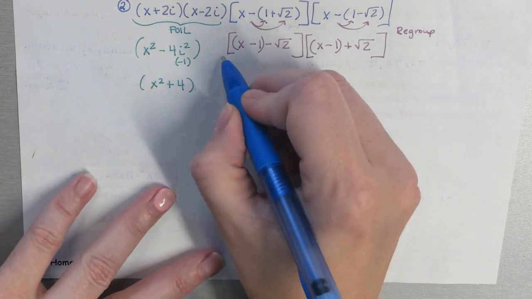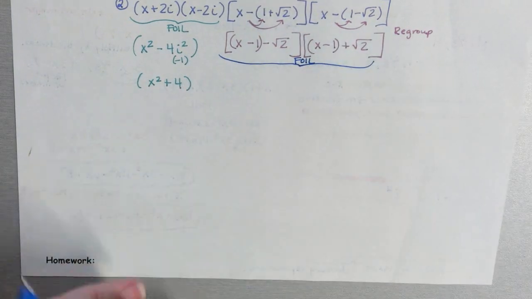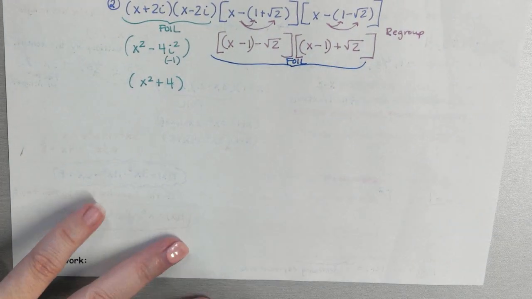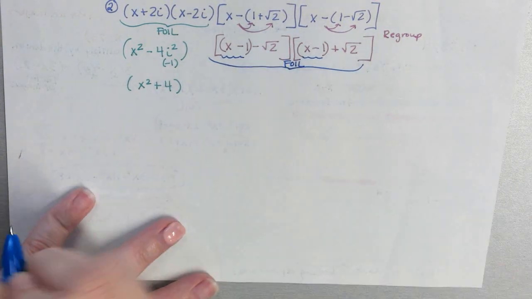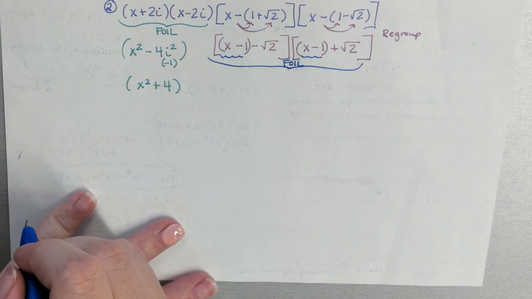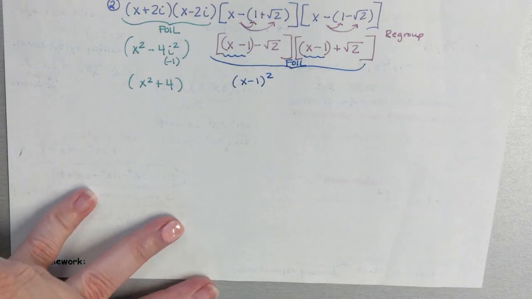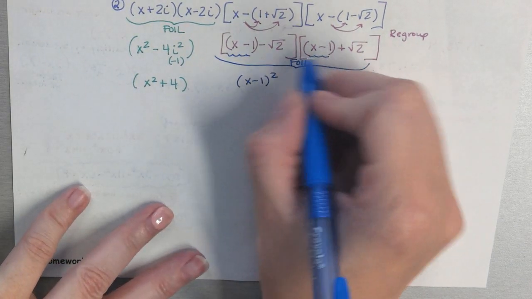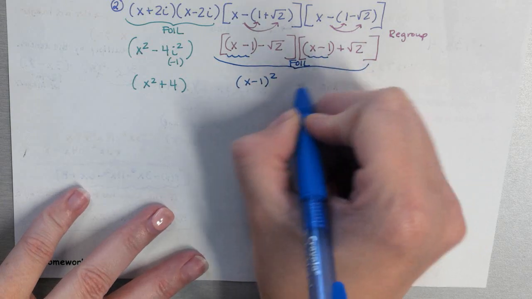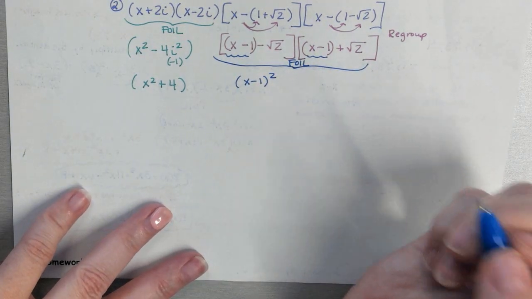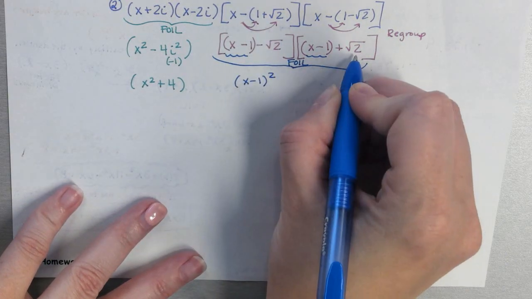Okay, so when you FOIL, remember there's a special thing that we do when we FOIL these two. Because when you FOIL, the F stands for first term. So really, our first term is a binomial. Our first term is x minus 1. So x minus 1 times itself is x minus 1 squared. And then again, because these are conjugates, the negative root 2 times x minus 1 and the positive root 2 times x minus 1, that's just going to make 0. So then I just have to look at the root 2 times the root 2.